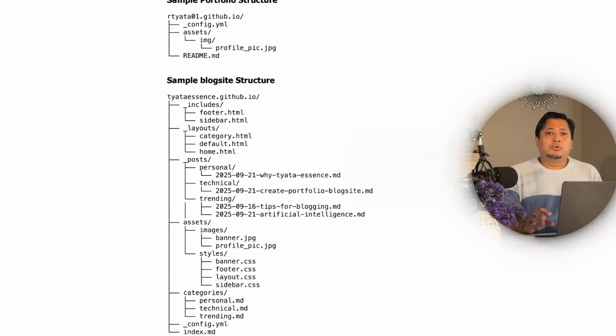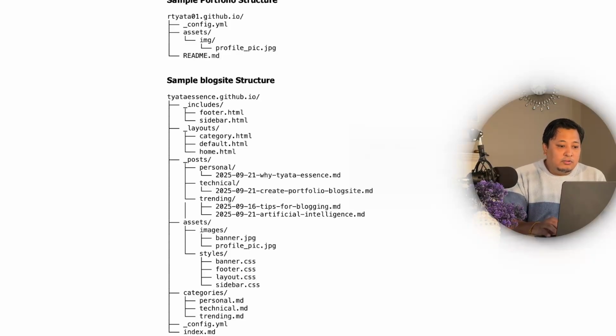Let me walk through a little bit of the project structure so that you know what changes you need to make once you fork or copy the template from my Git repository. This is a sample GitHub blog site, Data Essence.